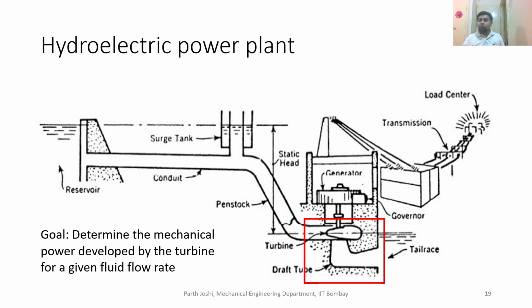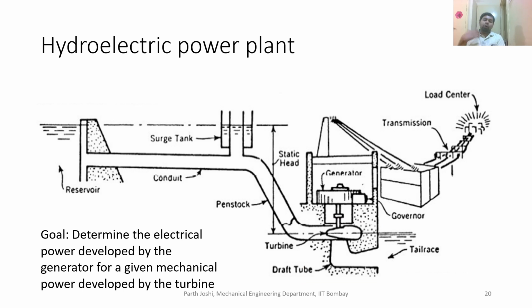So the water will flow out of the draft tube. The change in that kinetic energy is basically the mechanical work being developed, the mechanical power developed by the turbine for a given fluid flow rate. So that's where we will put our boundary if that is our goal.